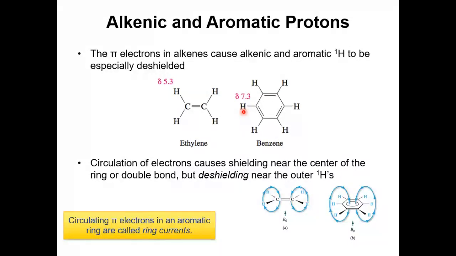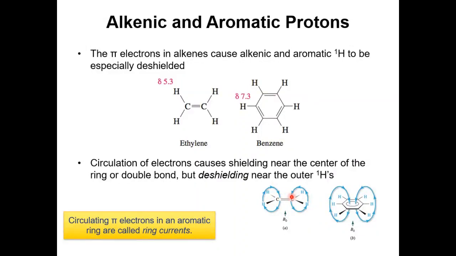What does that mean? That means the circulation of pi electrons will generate a stronger magnetic field than the circulation of sigma electrons. Let's use this one as an example: the pi electrons in the double bond are circulating.